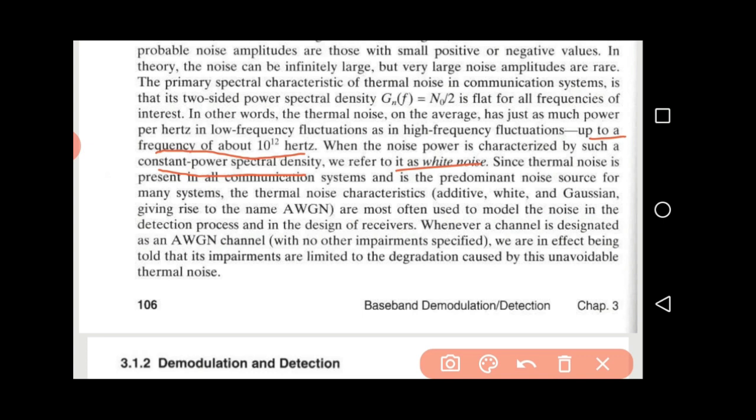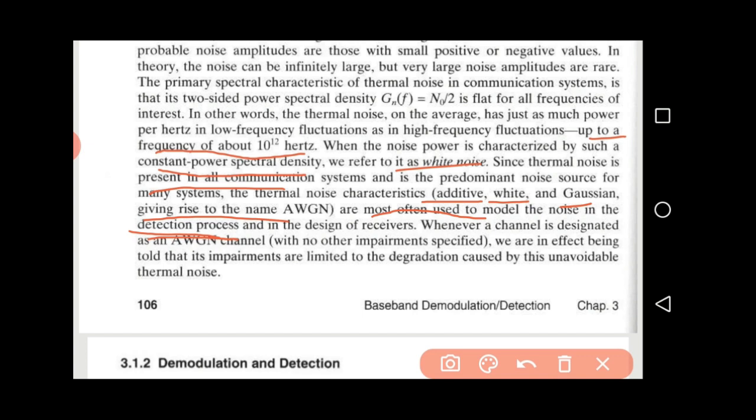We have already discussed AWGN. Since thermal noise is present in all communication systems and is the predominant noise source for many systems, the thermal noise characteristics, additive, white and Gaussian, giving rise to the name AWGN, are most often used to model the noise in the detection process and in the design of receivers.